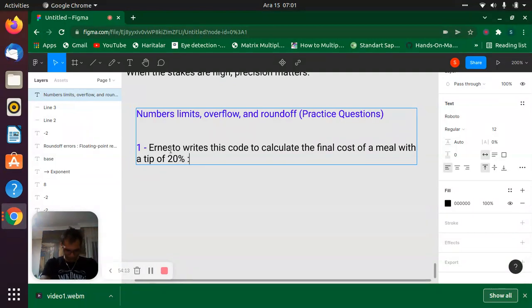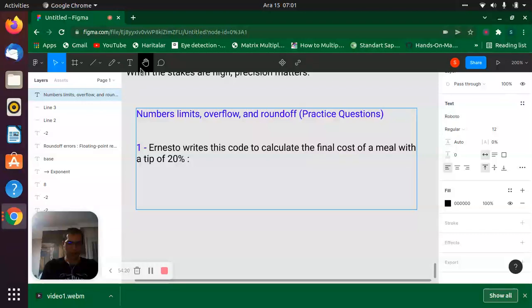So now we have this information: meal, like that. It is, you know what it is, right?